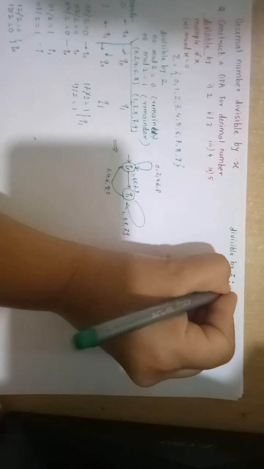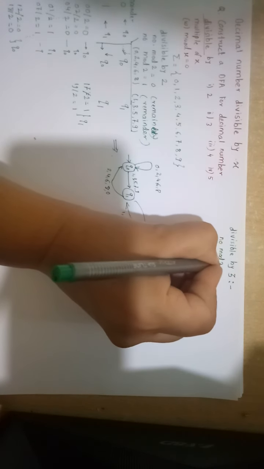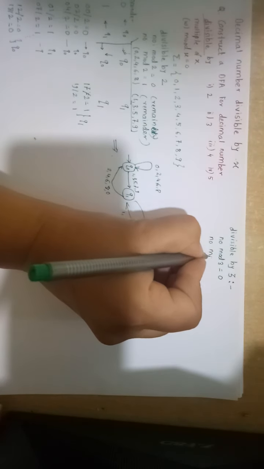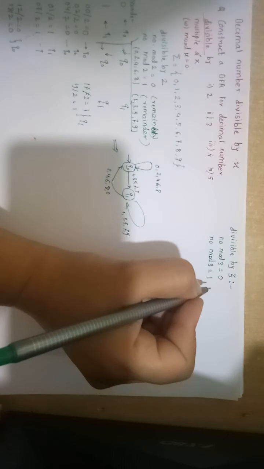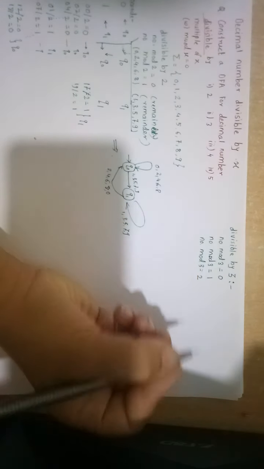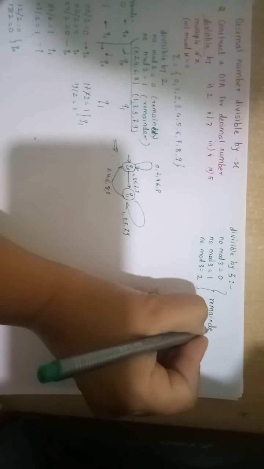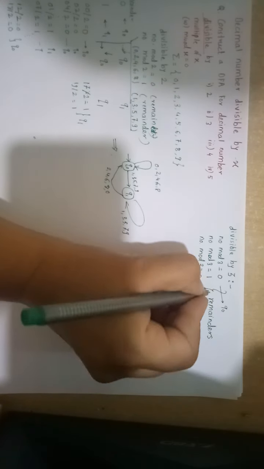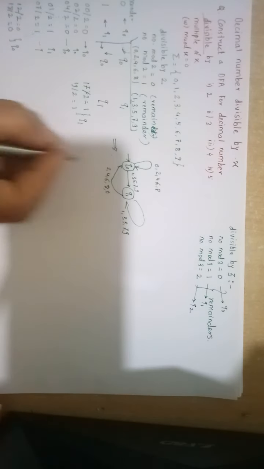When divisible by 3, then number mod 3 is equal to remainder 0, number mod 3 is equal to remainder 1, number mod 3 is equal to 2. These are the remainders. So we define the states. 0 means Q0 state. Suppose remainder is 1, that time Q1 state. Remainder 2 is the Q2 state.